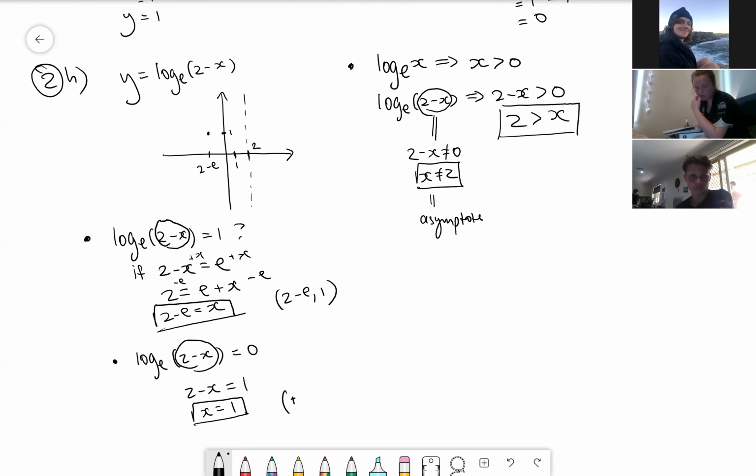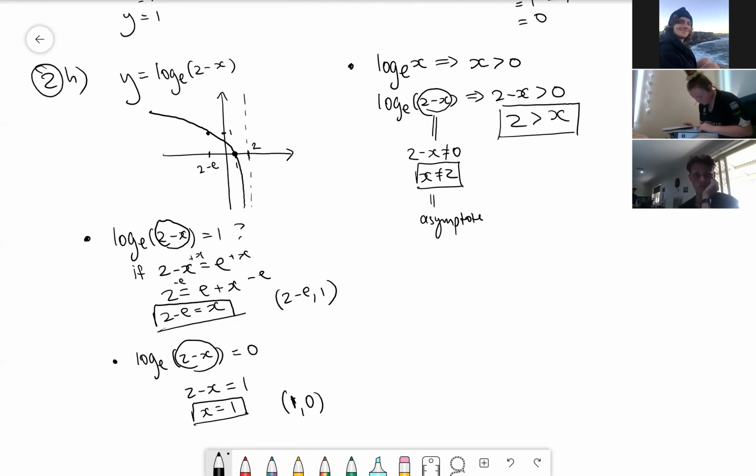You've got 1 and 0. So you've got these 2 points. You've got your asymptote. You're good to go. Easy. You could also find the y-intercept if you really want, guys, but I think that's enough for graphing it.